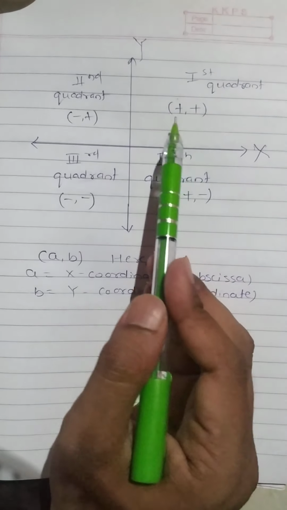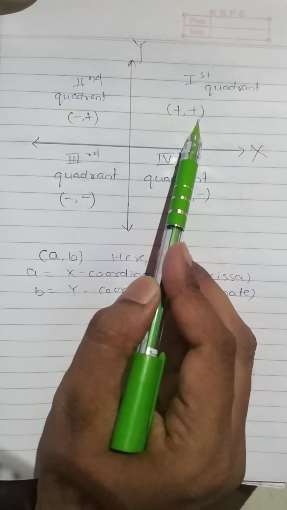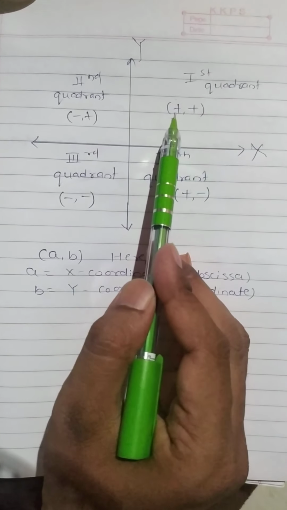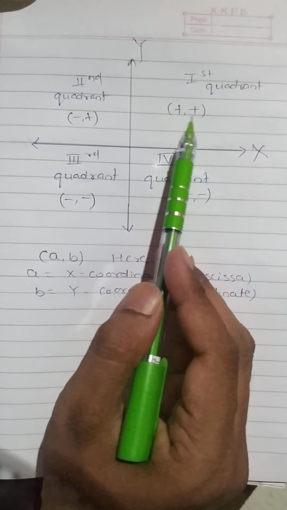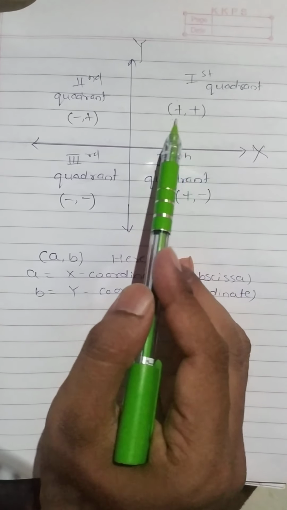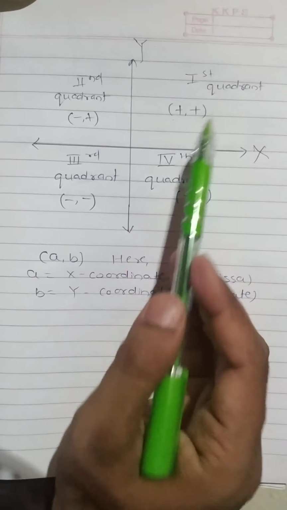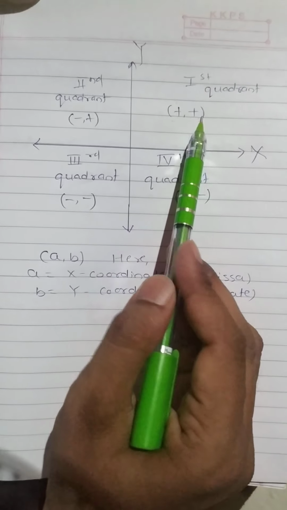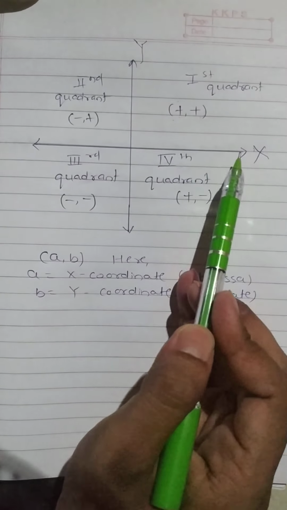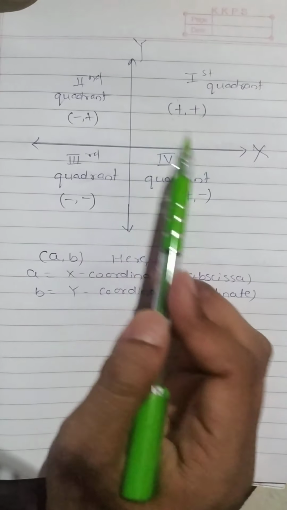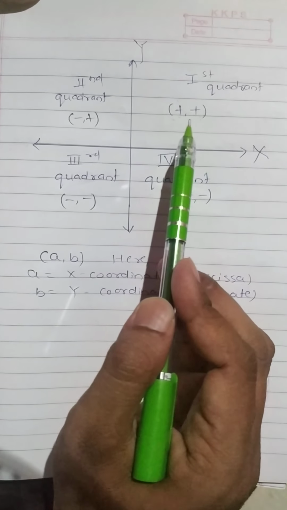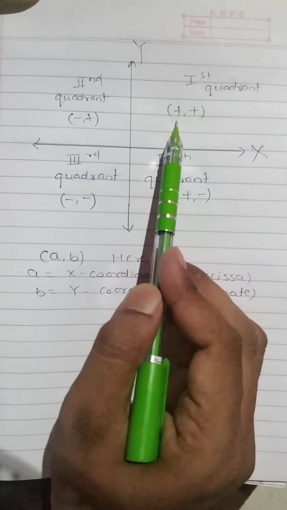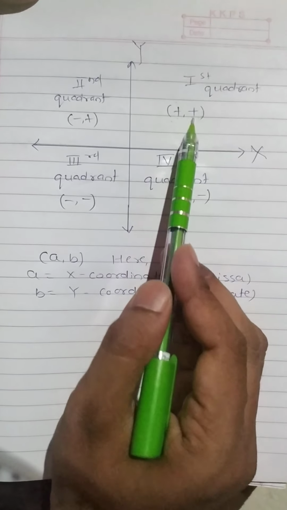If you look at the first quadrant, we have the combination plus comma plus. It means that whenever we have an ordered pair which lies in the first quadrant, it is plus and plus, because the values of x and y are positive here. That's why in the first quadrant both the x coordinate and y coordinate are positive.